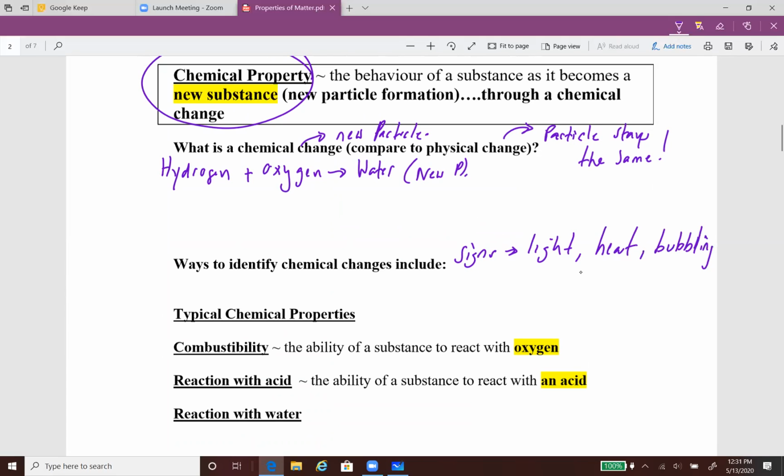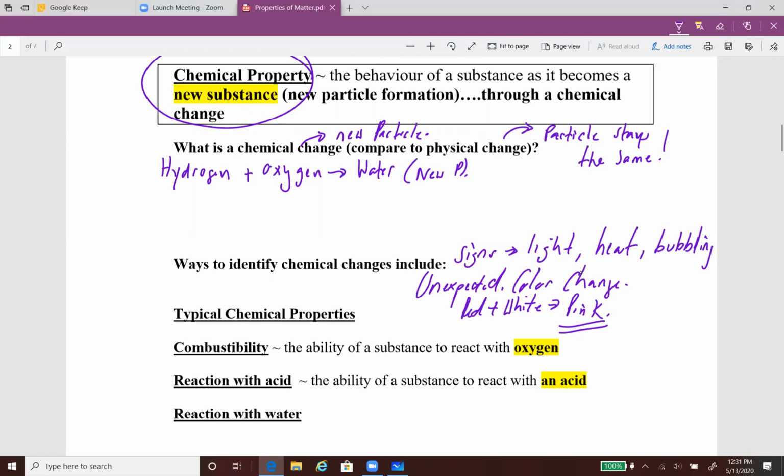The other one will be color change. So if I mix, for example, and this should actually be unexpected color change. So if I mix a red and a white substance together and I get pink, you expect that, right? That's not a chemical change. That's just colors mixing.